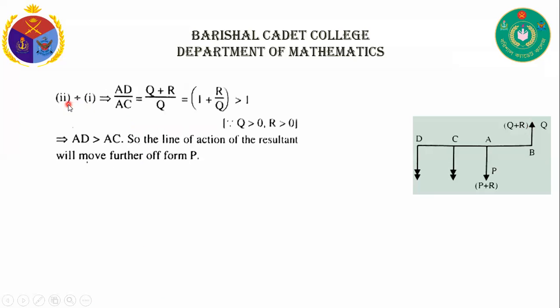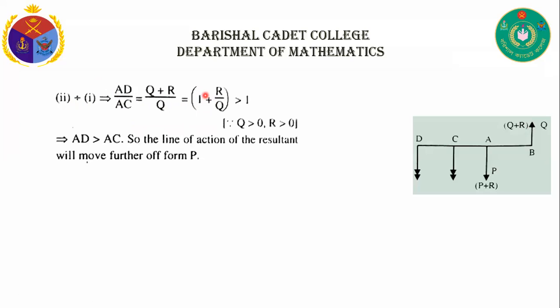Taking the first divided by the second, we get AD by AC equals Q plus R divided by Q, which is 1 plus R by Q. It is greater than 1, because the forces are positive and their ratio is greater than 0, so it may be 1 point something or greater.